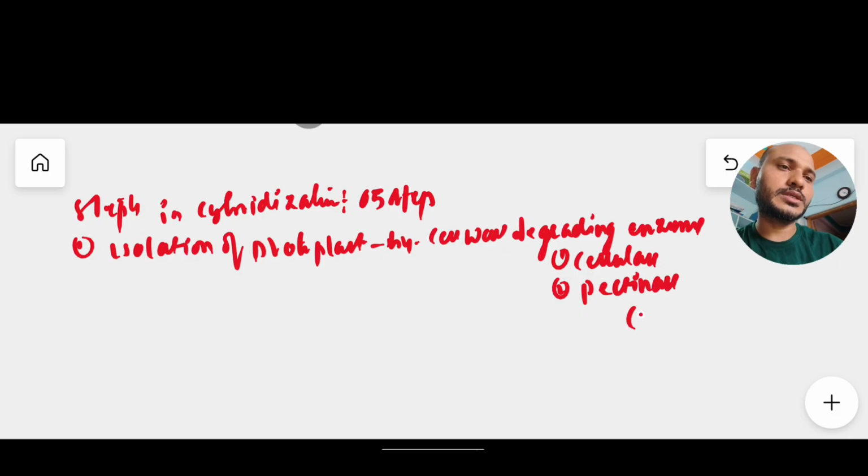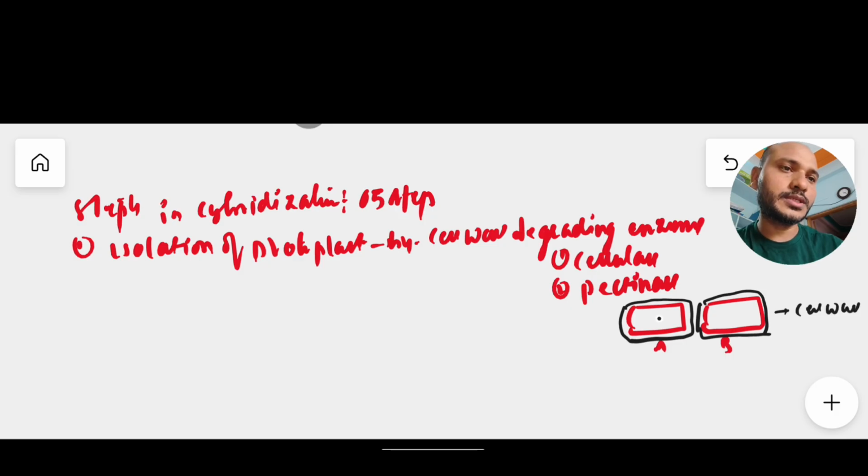Here we have plant species A and plant species B, and both should be different species. In every plant cell, the outermost wall is the cell wall, and every cell has a nucleus at the center. The rest of the cell is called cytoplasm.